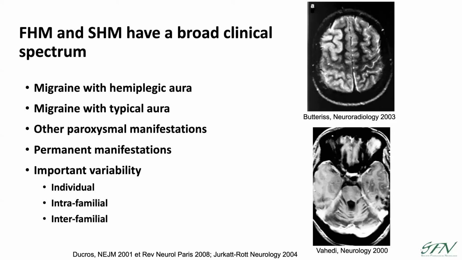There is an important intrafamilial variability, and for example, a father affected by hemiplegic migraine may have a son who has a much more severe form than himself. And there is also an interfamilial variation. So it's always difficult to predict the severity that the condition will have. This is important, for example, for genetic counseling.